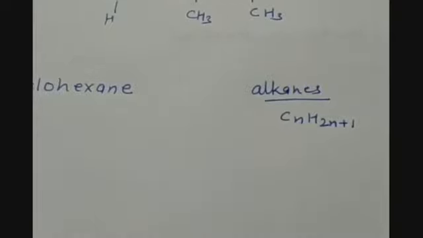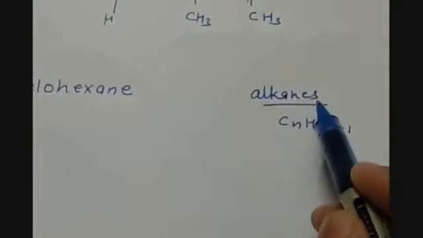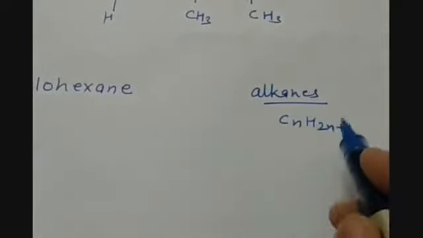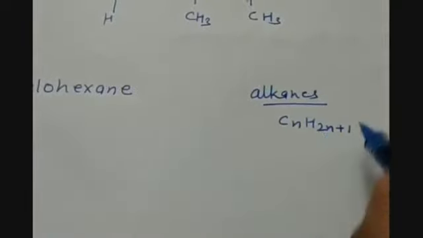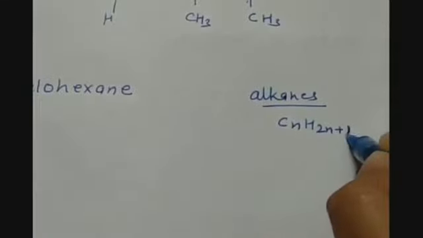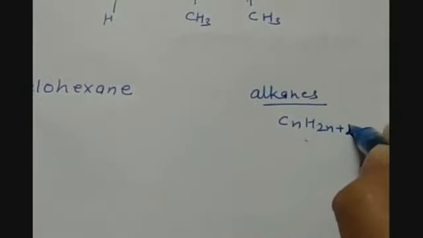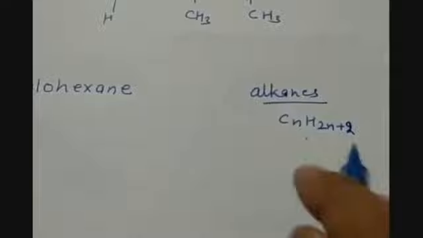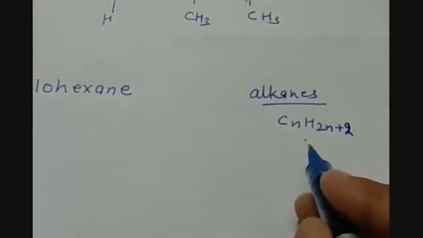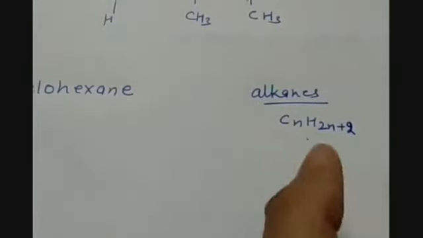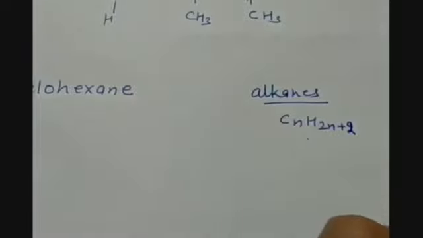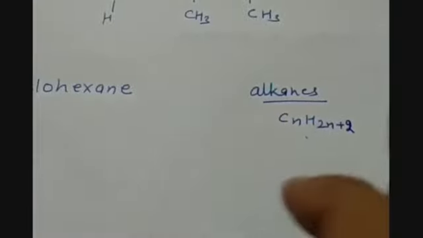So let me tell you that alkanes, which have carbon atoms with single bonds, have a general formula of CnH2n+2. But when we join this straight chain in the form of a cyclic structure, we have to make a closed structure.